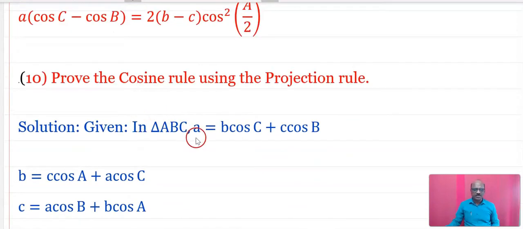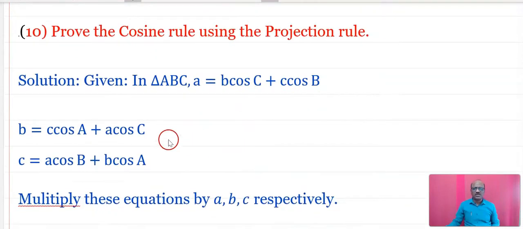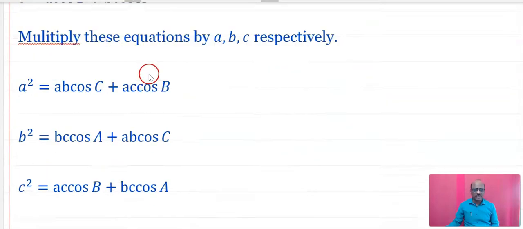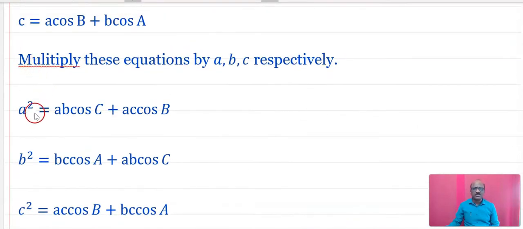Then if you multiply by a, you will get a square, ab cos C plus ac cos B. If you multiply by b, b square, bc cos A plus ab cos C. If you multiply by c, then you will get c square, ac cos B plus bc cos A. Okay, and hence you will get these equations.